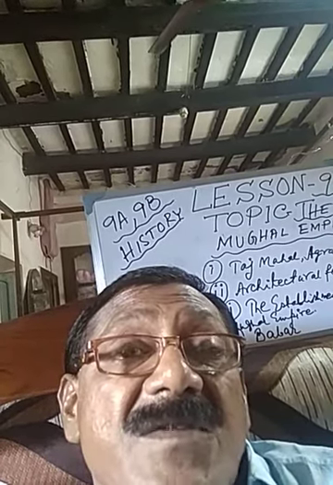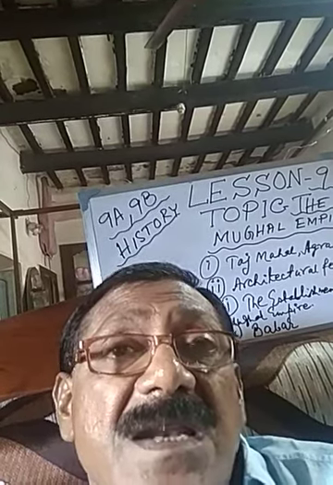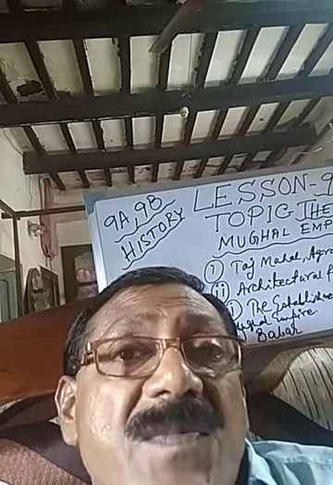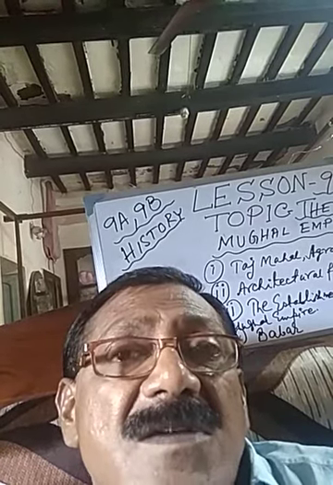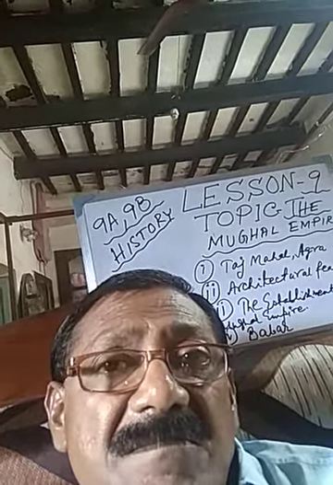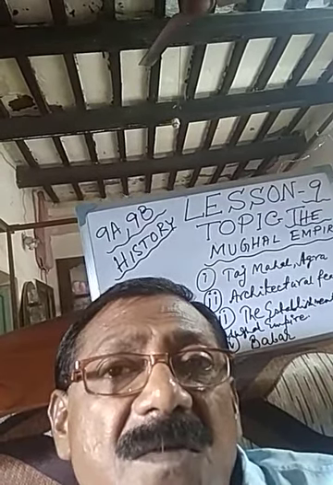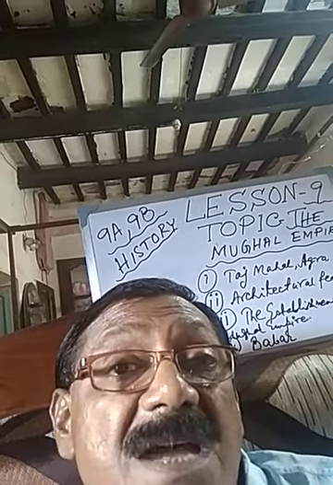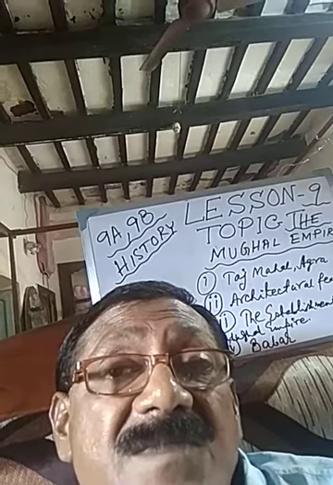In the year 1526, although Babur defeated Ibrahim Lodi and killed him, people of India did not know him properly. The people of India knew him when he defeated the Rajputs in the year 1527, one year after the first battle of Panipat.